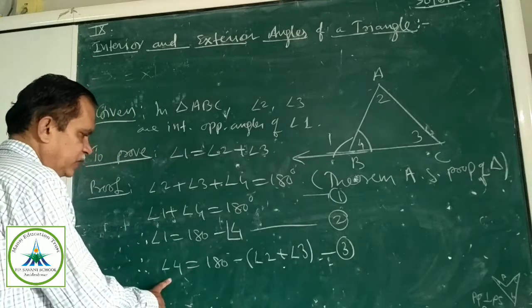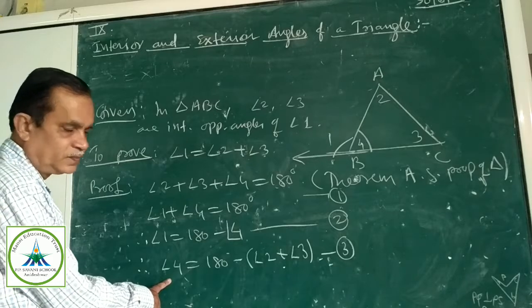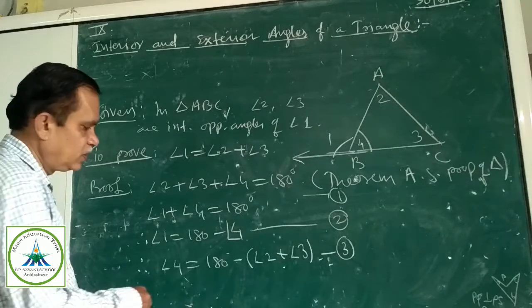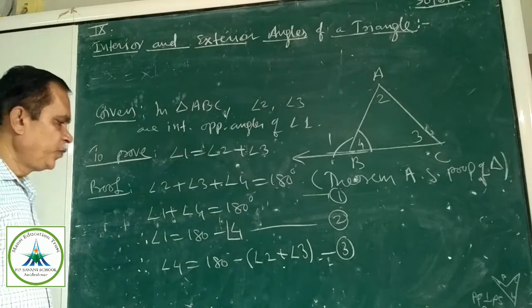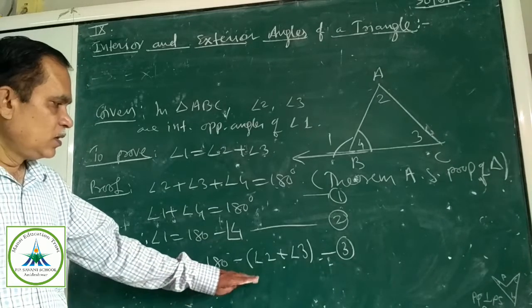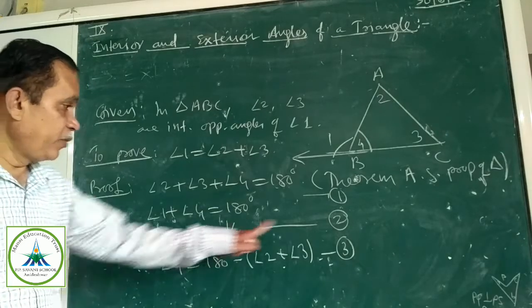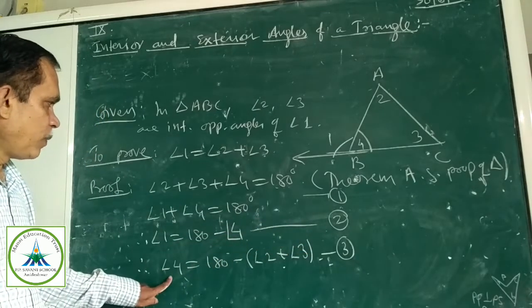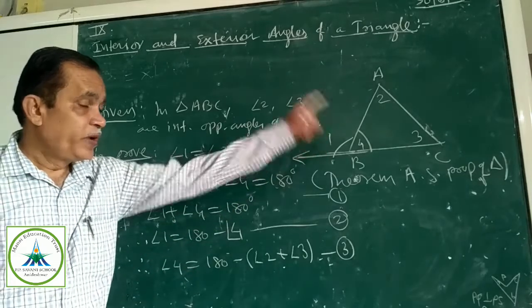Okay. Angle 4 is 180 minus 1. Right? Just from these 1, 2 and 3, we can replace angle 4 by using these equations. We are coming to get the proof.